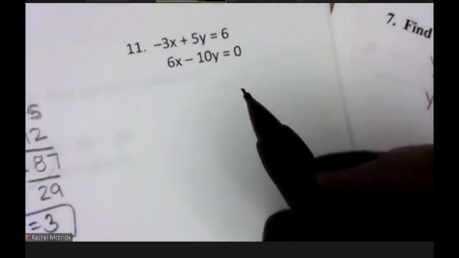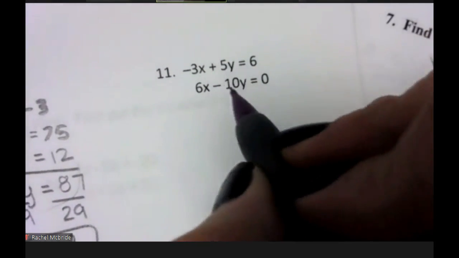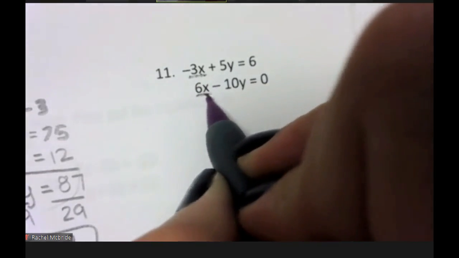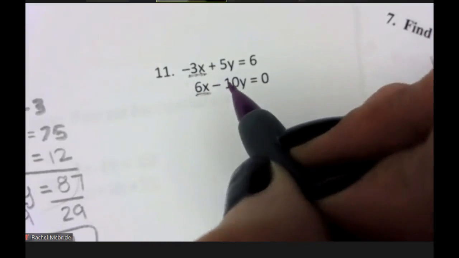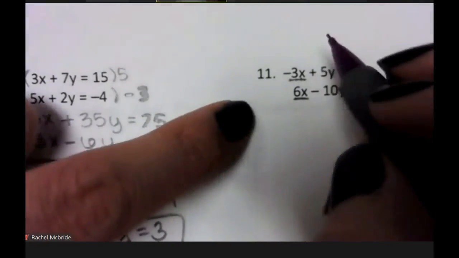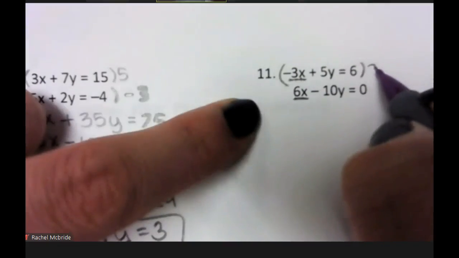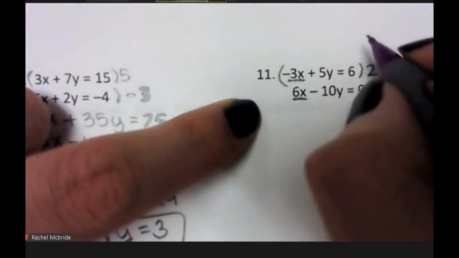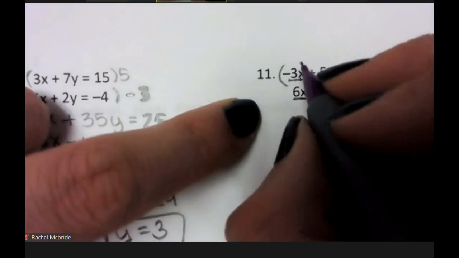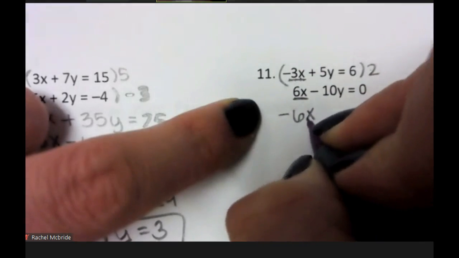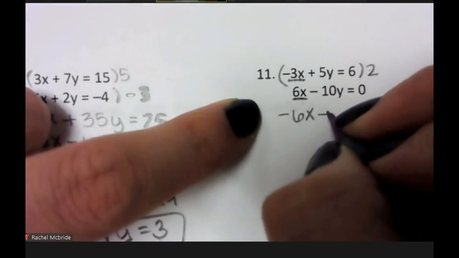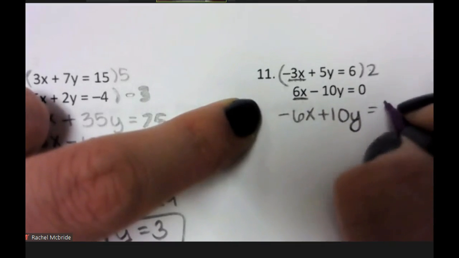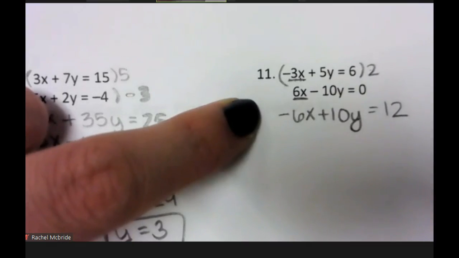Okay, and number 11, I'm going to try to cancel the x's because this time it looks like I can simply multiply the top equation by 2 to match the bottom equation. So 2 times -3 is -6x, 2 times 5 is 10, and 2 times 6 is 12.